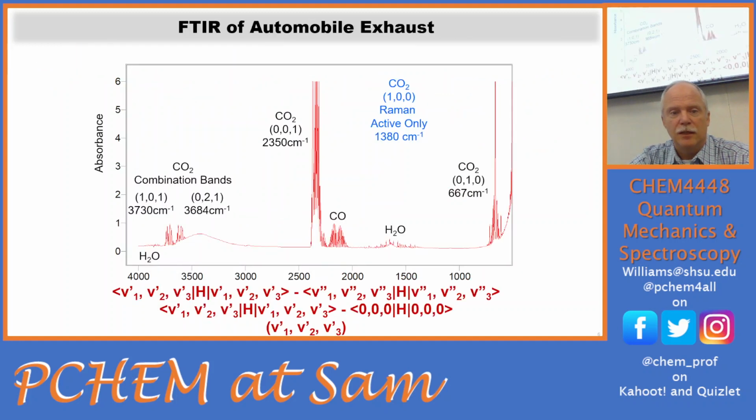Okay. So let's look at this other combination band, the 101. So how would we write this? We would say that 3730 is nu 1 plus nu 3. You see the 1 and the 3 here.